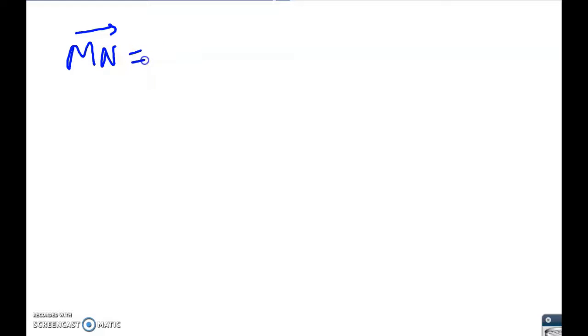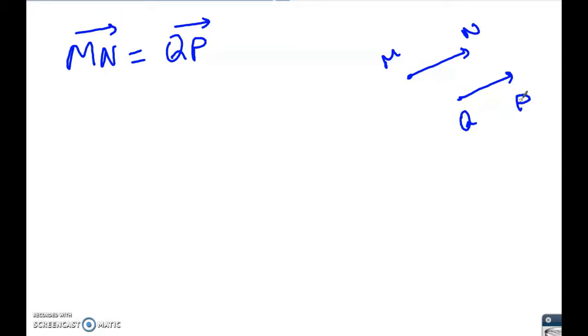And we have seen before in the explanation videos that if M, N, P, and Q are non-collinear points, and if MN, so I'll draw a sketch here, MN is equal to QP, then this means that quadrilateral MNPQ is a parallelogram.